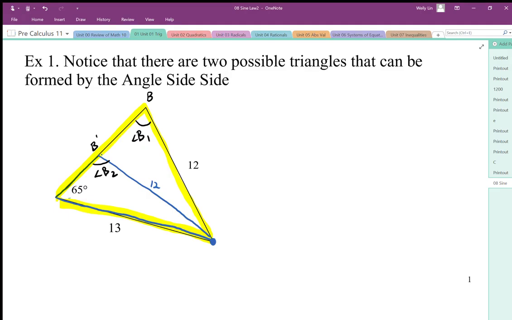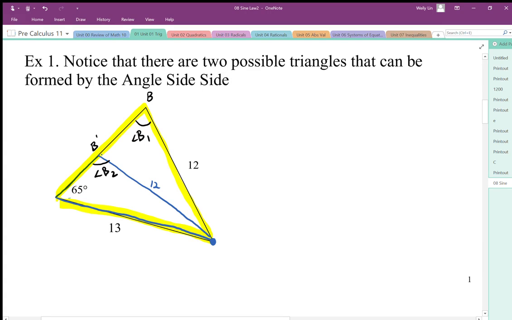When we undo the sine, we're always going to get the acute angle, because the range or output for arc sine is always between negative 90 degrees and positive 90 degrees. We can't get negative angles in triangles, so it always gives us the less than 90 degree angle here. We will never get this obtuse angle from our calculator.